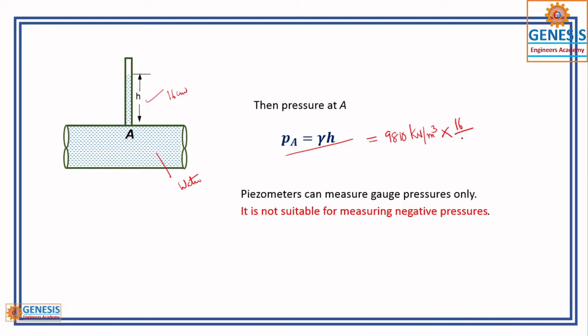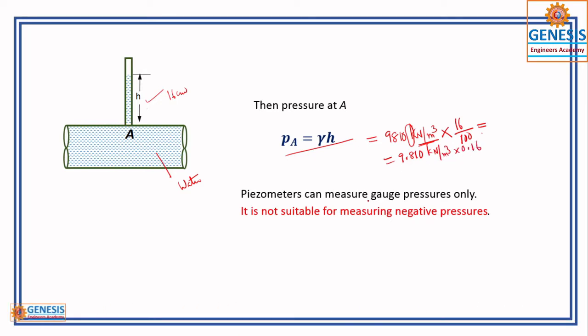One meter is equal to 100 centimeters, so 1 centimeter is 1 by 100. I am sorry, this is not kilo, it is Newton per meter cube. If it is kilonewton per meter cube, you can directly multiply by 0.16.